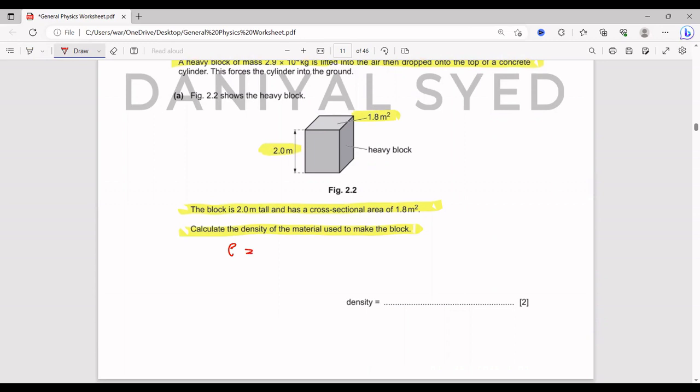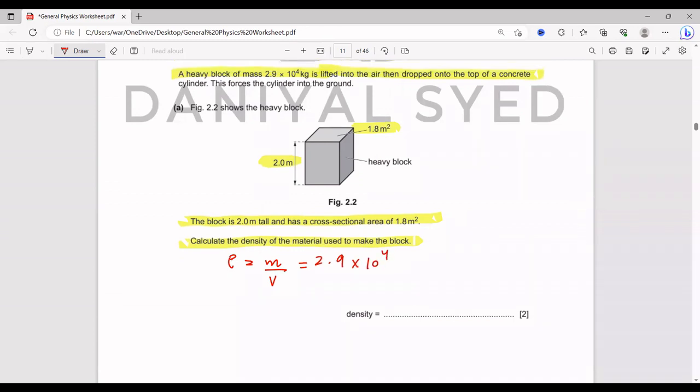Beta, for density, the formula is mass divided by volume. The value for mass is 2.9 exponential 4 kg. And how can you calculate the volume? You need to multiply the height and the area. So 2 times 1.8. The volume is area times height. Now, the answer is 2.9 exponential 4 divided by 2 times 1.8.